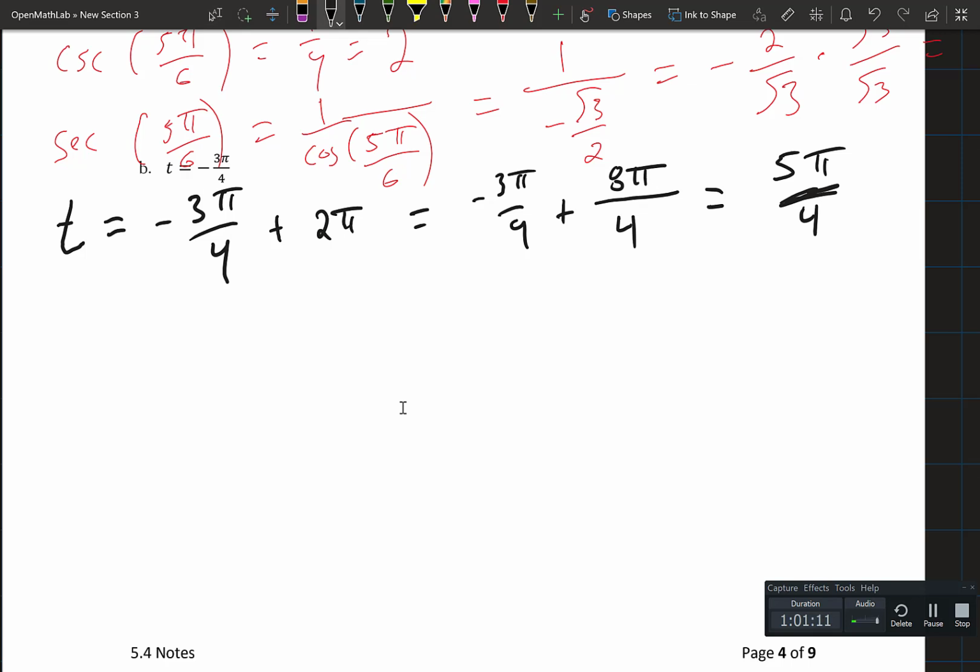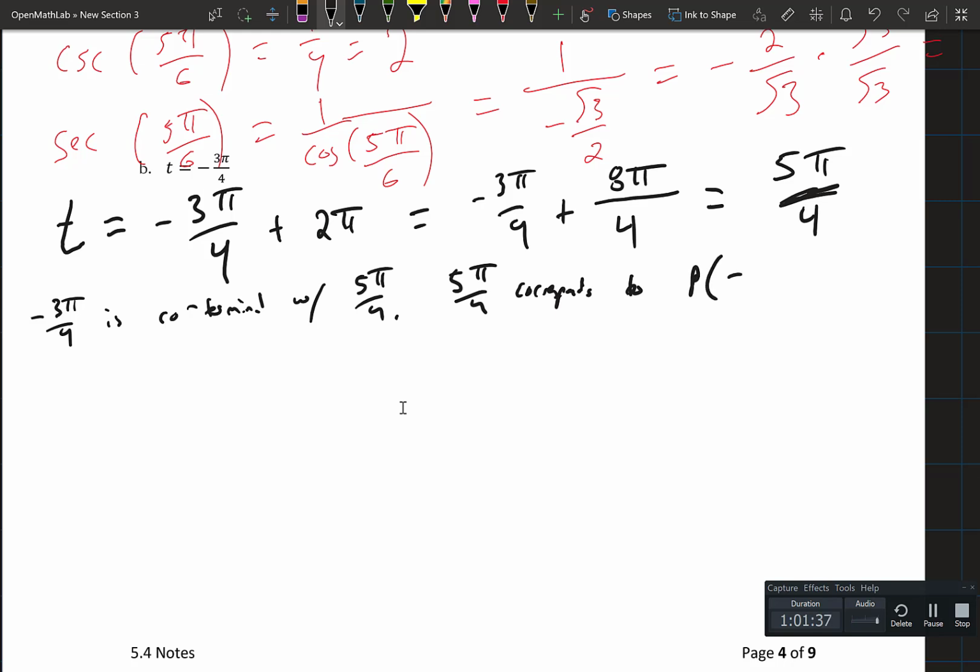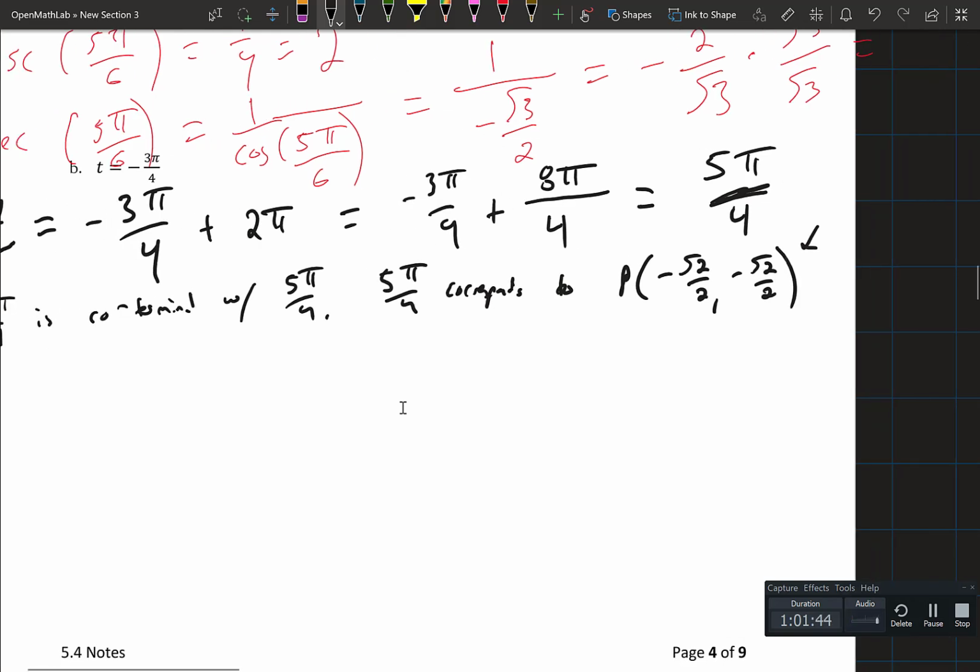So we could say that negative 3 pi over 4 is coterminal with 5 pi over 4. 5 pi over 4 corresponds to the point P, negative radical 2 over 2, comma, negative radical 2 over 2. This is from the unit circle.